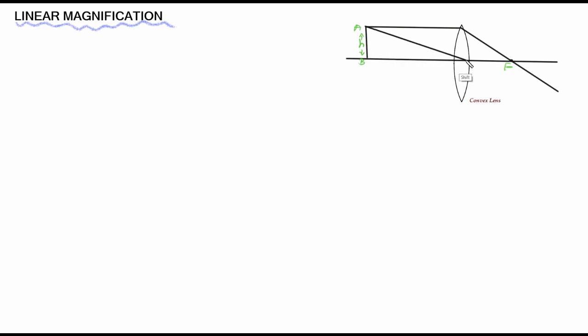So, this point is the optical center of the lens, and through this point this ray is passing. These kind of rays will not show any deviation. When the ray passes through the optical center, they won't show any deviation.